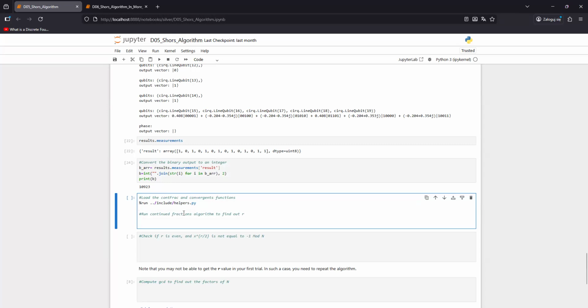So here we can use the continued fraction function, so you don't need to write it by yourself. This function, cont_frac, is given to you. So here we want our number expressed in the decimal form, so this s divided by r, which is b.